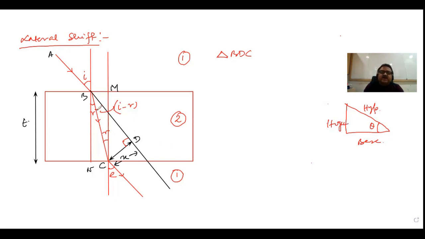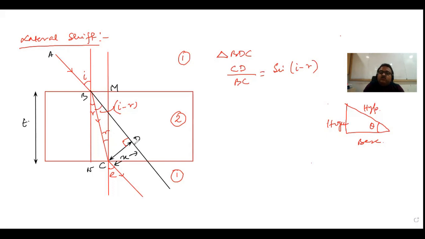So I'm going to use this concept. Look, here if I choose this angle, we must consider BD as the base and BC as the hypotenuse and CD is the height. So CD by this line BC, that means height by hypotenuse, which we can write as sine of I minus R. Okay.